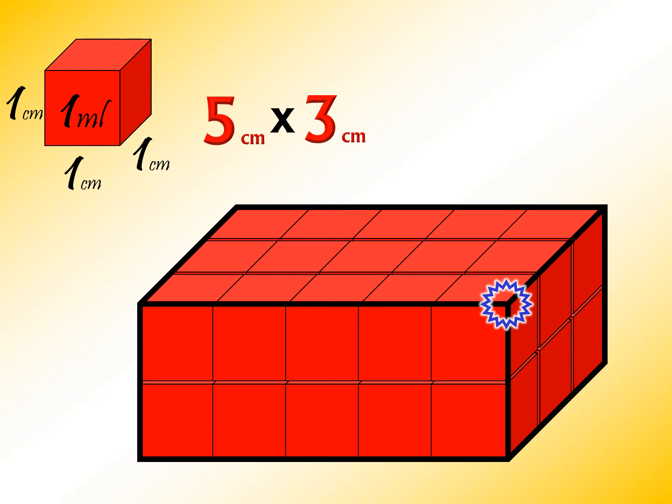So I need to multiply by the third dimension, which in this case is going down from that corner. And of course, it's 2 centimeters. So notice if I were to multiply the 5 times 3, I get 15 square centimeters, times 2, what do I get? 30 cubic centimeters. So the volume of this rectangular block, after multiplying, doing a little bit of geometry, is 30 cubic centimeters.